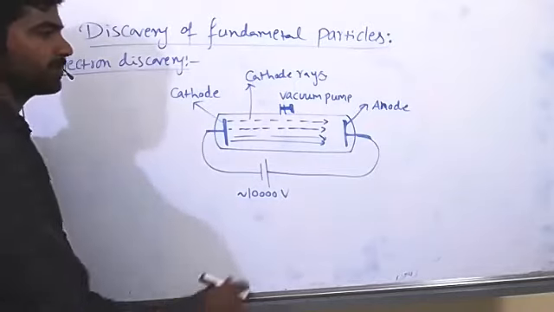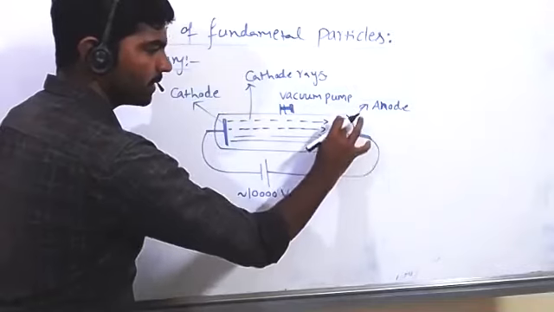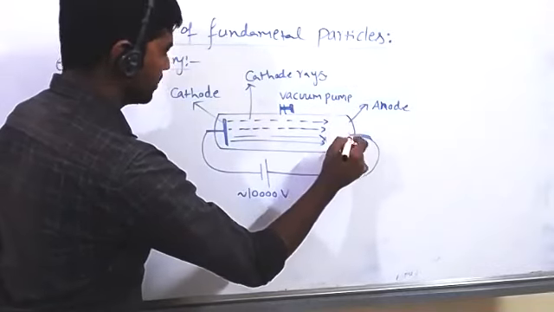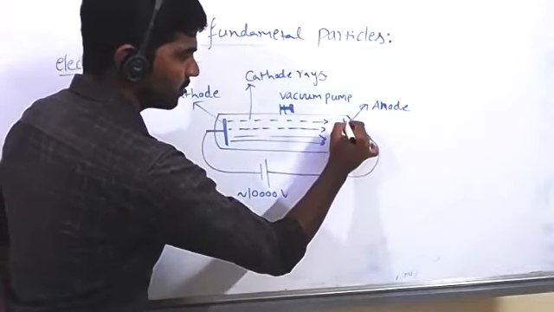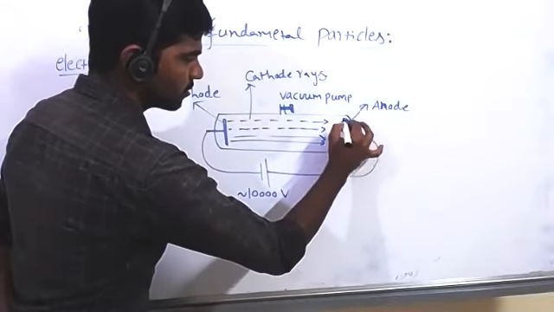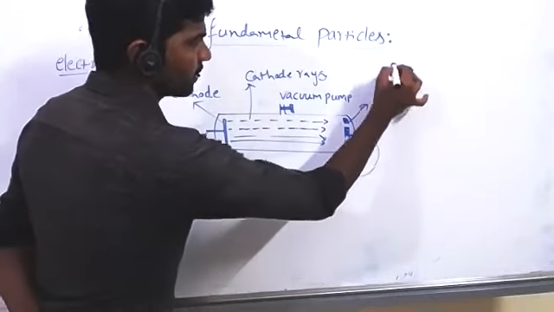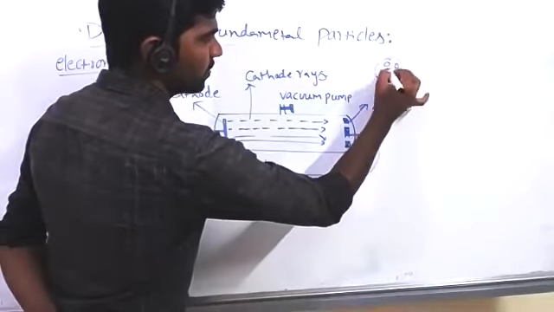To explain its properties, he took a perforated anode. Perforated anode means just an anode, but it has some holes.